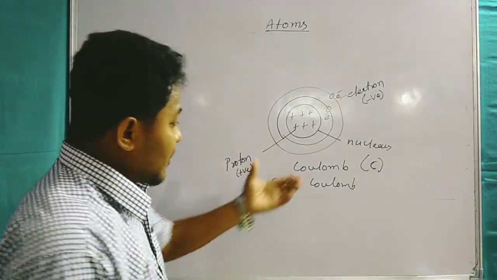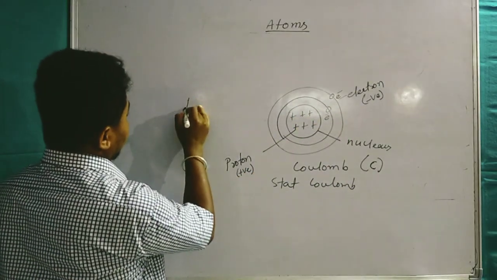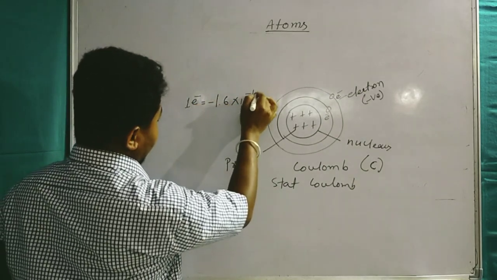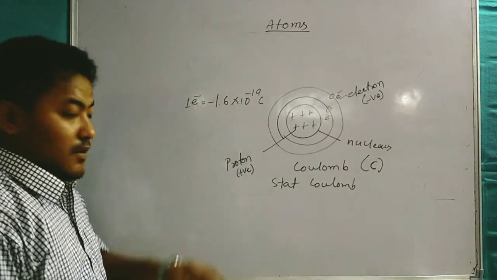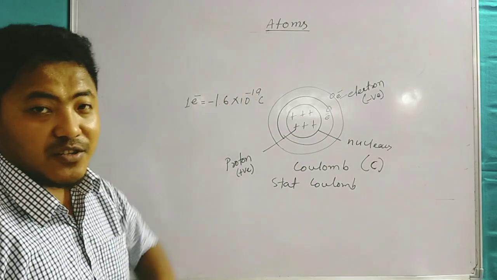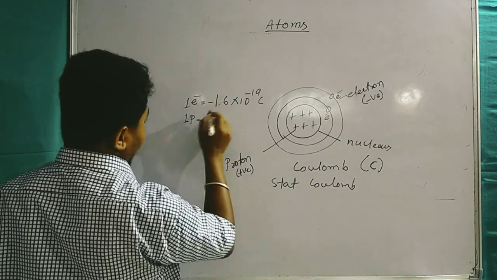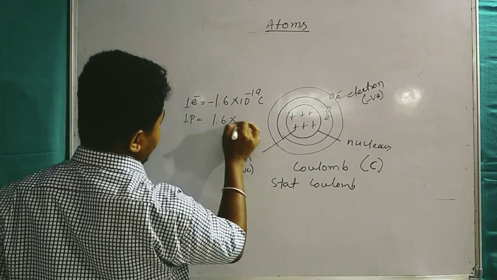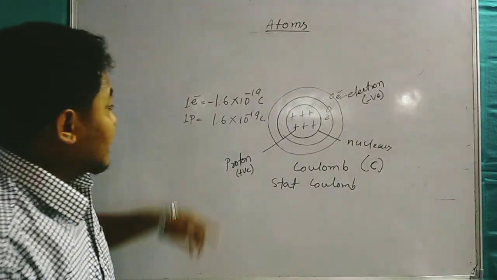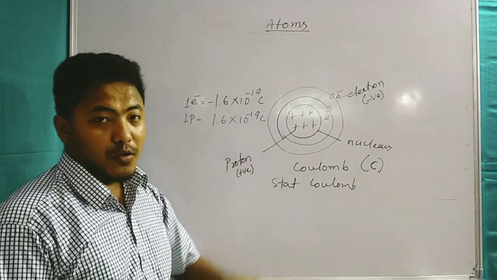Now, how much charge is in one electron? In one electron there is minus 1.6 into 10 to the power minus 19 coulomb of charge.